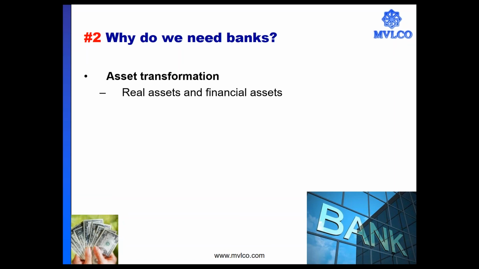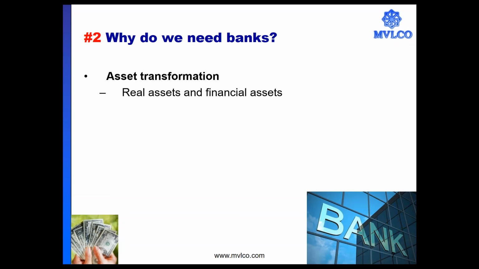Now when we speak about assets, an individual or a business would have two kinds of assets, a real asset and a financial asset. What is a real asset? For an individual, a house, a car, gold ornaments and diamonds are real assets. On the other hand, what financial assets would an individual have?